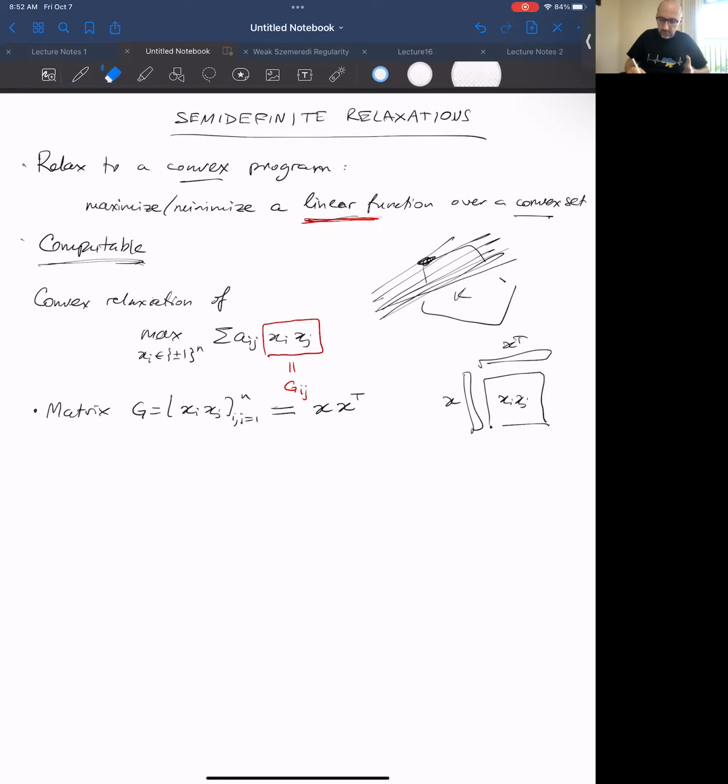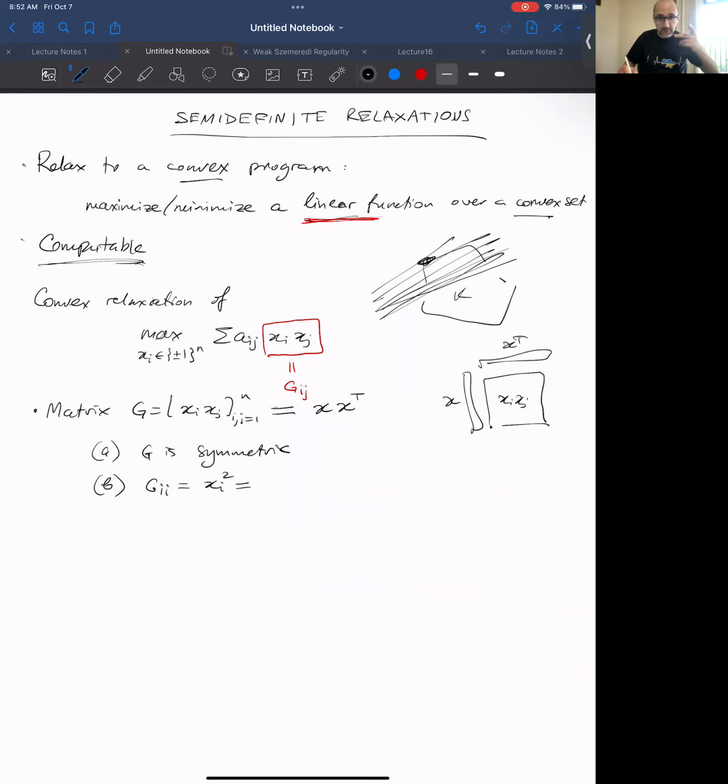So first of all, from this we know that G is symmetric. That's obvious, right? Xi, xj. You reflect it, we get xj, xi, which is the same thing. Second, the diagonal of that matrix, Gii, that's xi squared.